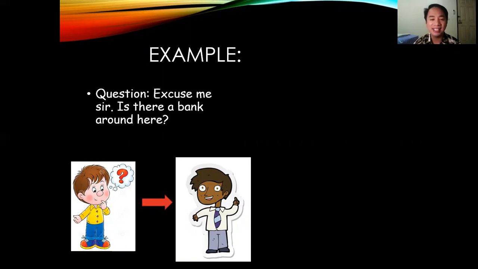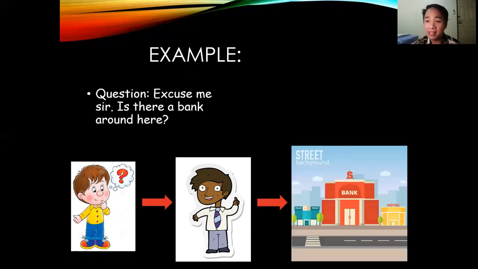So this is the question now. A boy is asking the person about the location of the bank. So what will be your answer? So this is the bank.